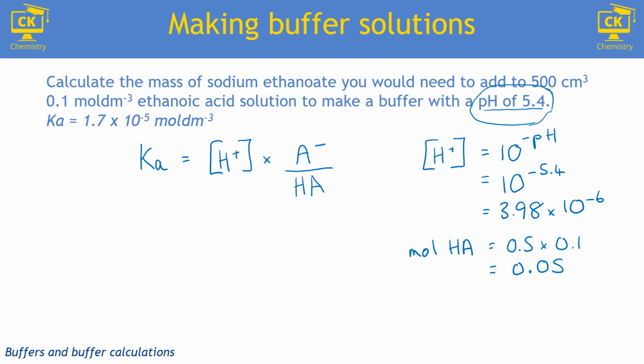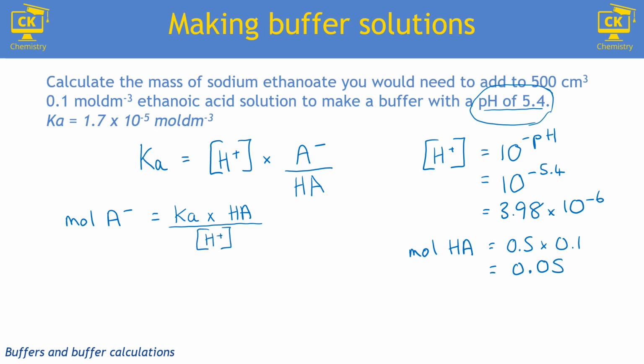So 0.05 is moles of HA, I've got my H plus, I've got my Ka. So I can now rearrange to find moles of that negative ion, that ethanoate ion that I need to be in this solution. So it's going to be Ka times moles of HA divided by concentration of H plus.